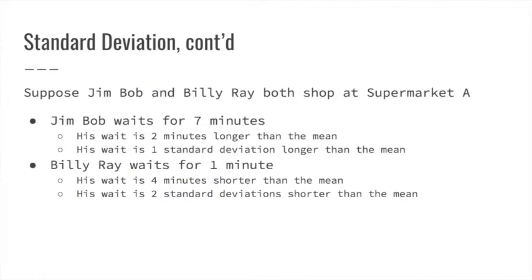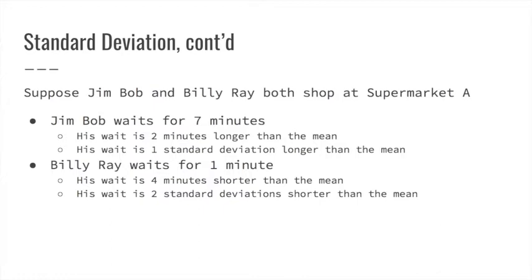So what does this mean exactly? Basically, what I want you to take away from this is that the first visitor, Jim Bob, had a pretty normal experience. Having an experience that is 1 standard deviation different from the mean is not at all unusual. A great number of visits from people here would be within 1 standard deviation of the mean.